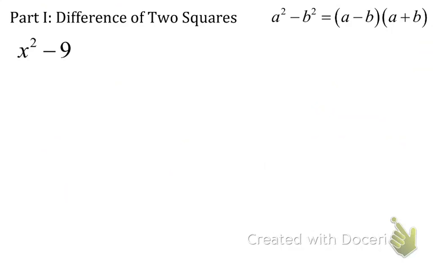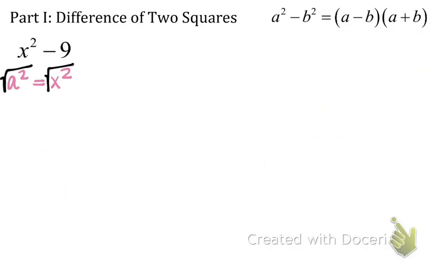We need to identify what a and b are so that we can plug them into this general formula here. What we're given is a binomial where the first term is squared and the second term is squared. So we'll need to square root both of those terms in order to get a and b. Our first term, a squared, is x squared in our problem.